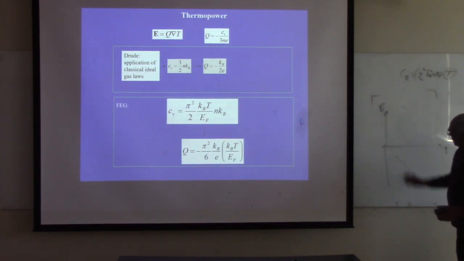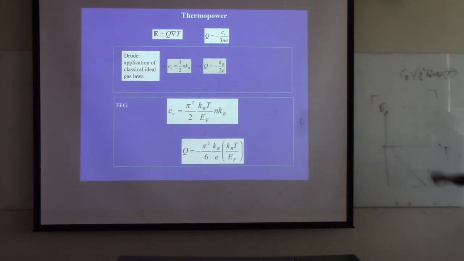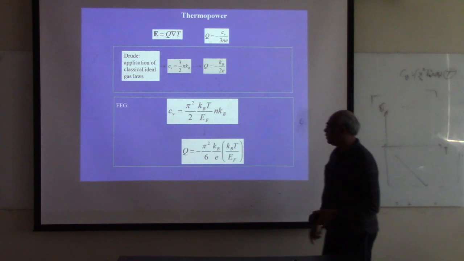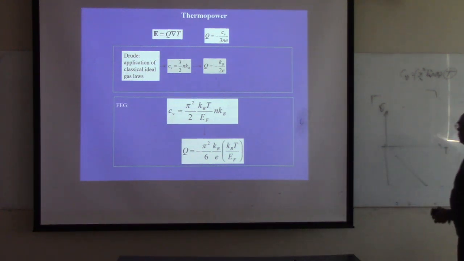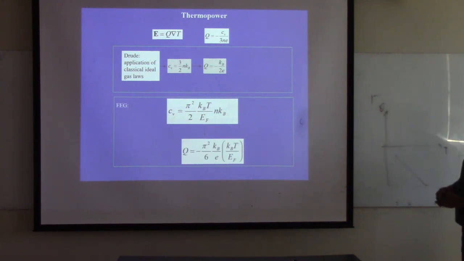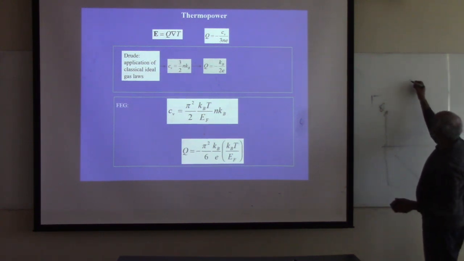It's more like this, linearly going to 0. It's a linear value. It's a negative number. But later we'll talk about, for semiconductors, it's completely different. So for metals, your thermoelectric power goes like T.